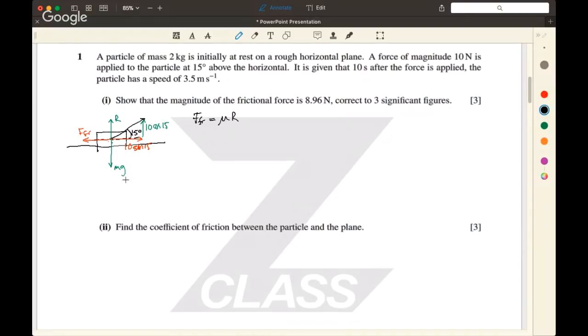So because the thing isn't moving vertically, only horizontally, the vertical forces must be balanced. So if we add them up, we see that r must be equal to mg minus 10 cosine 15. So what's happening here is that because this force is being applied, the object effectively weighs less according to the reaction force. So the ground has to do less upwards force on the object to keep it from sinking.